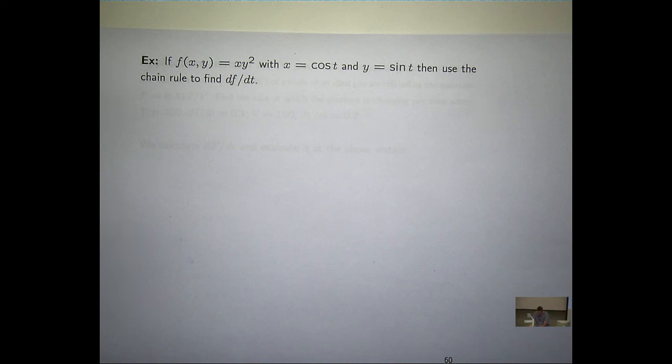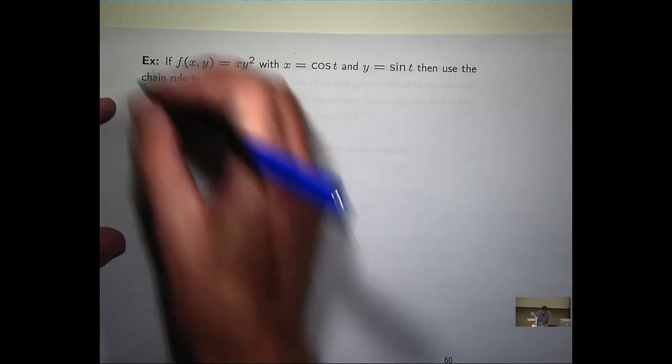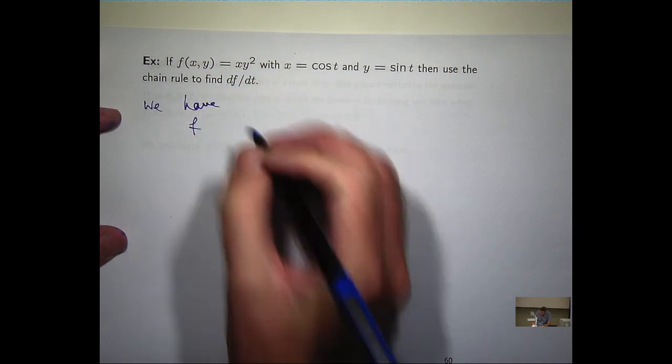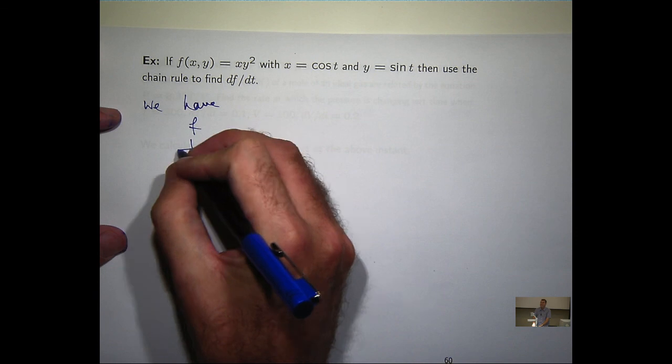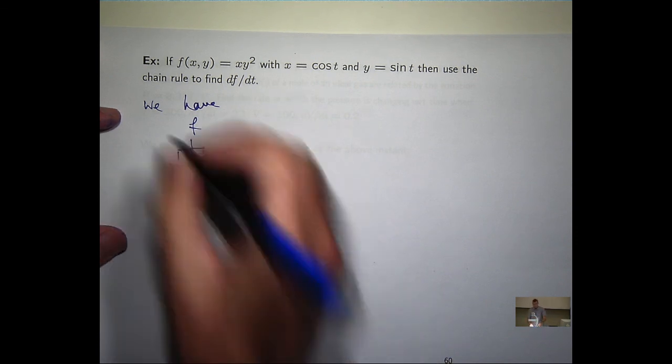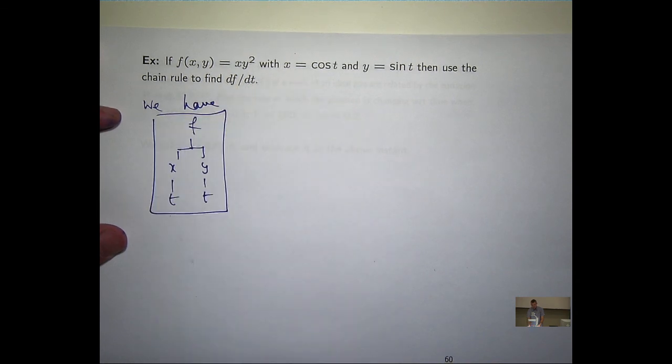But the next example is far more insightful, because it is an example where you have to use the chain rule. There's no simple method. Okay, so let's just do this and quickly move on. All right, so f depends on two things, x and y, and each of those variables depend on t.